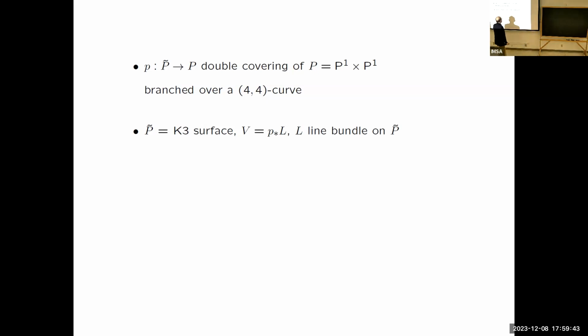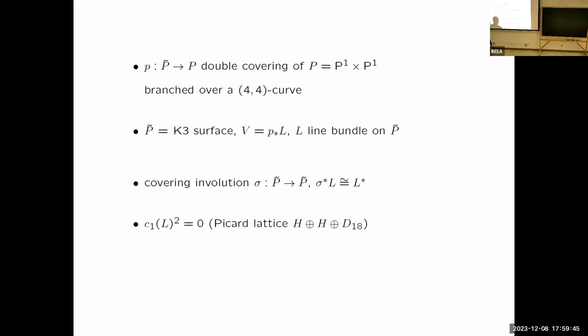And we know what the Chern class theory of tau is. What I claim is that actually it's the second Chern class of the 0 range. So basically the line bundle we're looking at has this property that the involution on the covering takes it to its dual, c1 of L squared is equal to 0. So I'm not quite sure how to see this. Some of you in the audience may know this better. As I understand it, the lattice of this type K3 looks like 2 hyperbolics plus a root lattice E8.